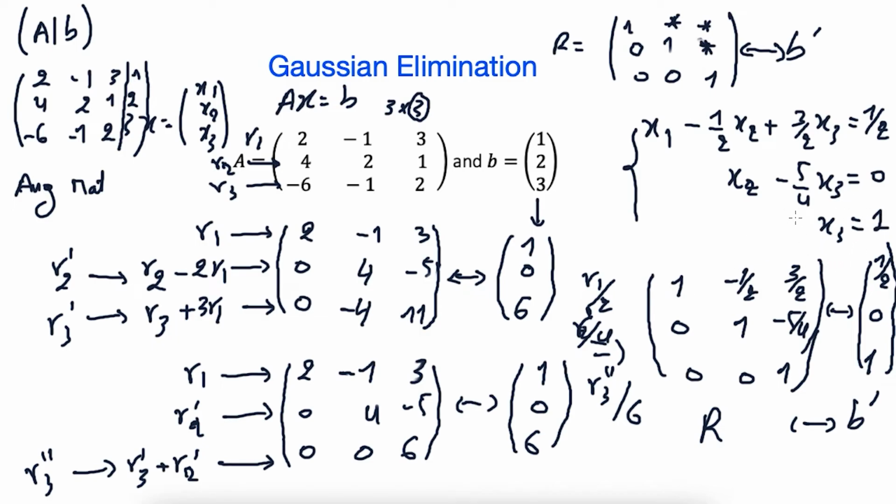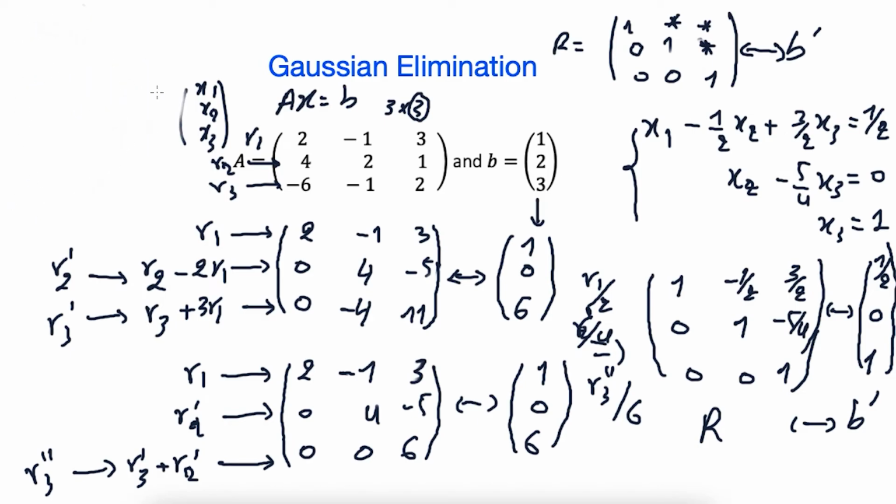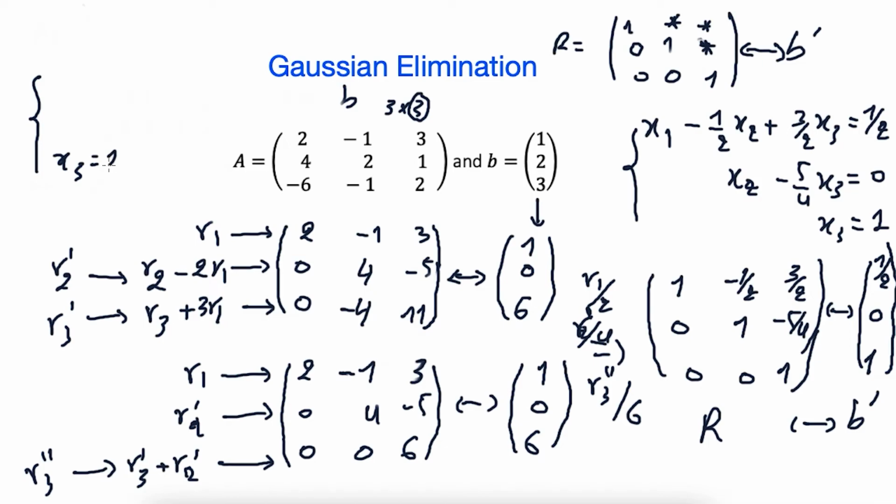So now we need to do the back substitution, so we will do it here. We'll erase this space. So we will have here x3 equals 1, and x2 here equals 5 over 4 x3, so x2 equals 5 over 4 times x3, which is 1, so 5 over 4.